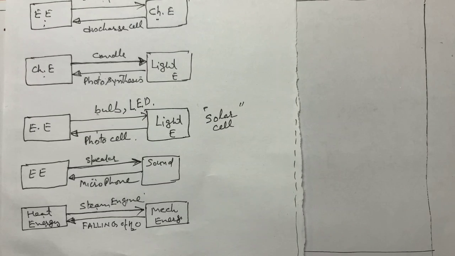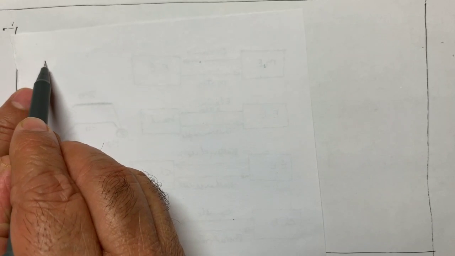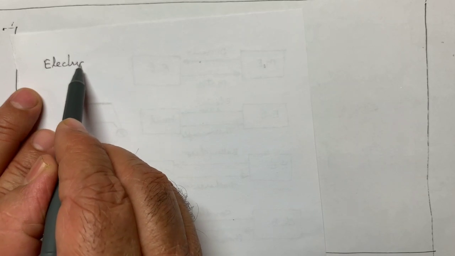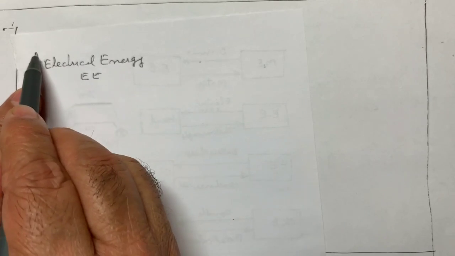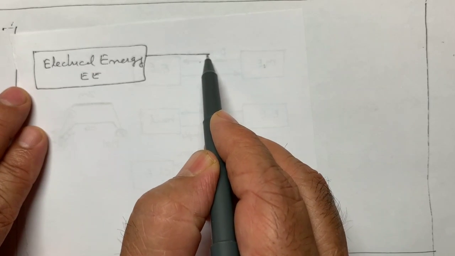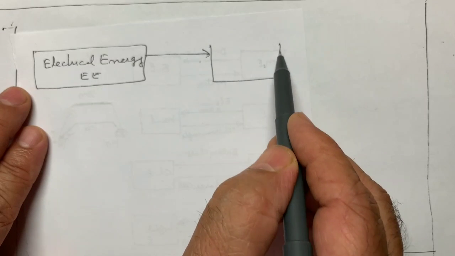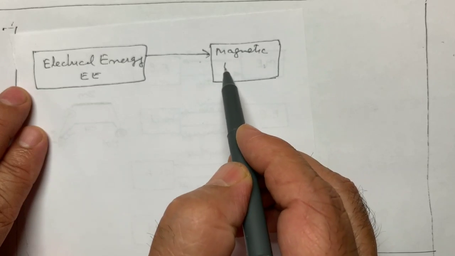You can think of more energies also. There are so many other possibilities in which one type of energy is converted into another type, like electrical energy into magnetic energy.